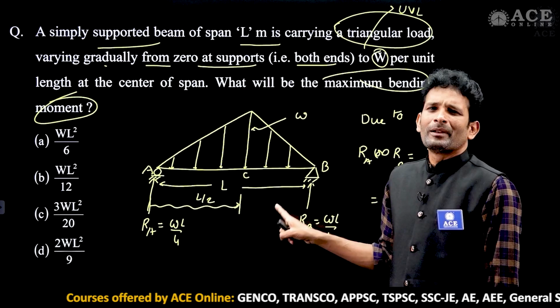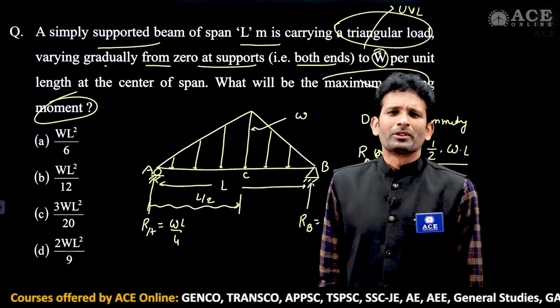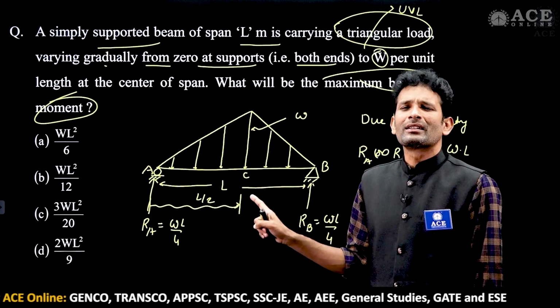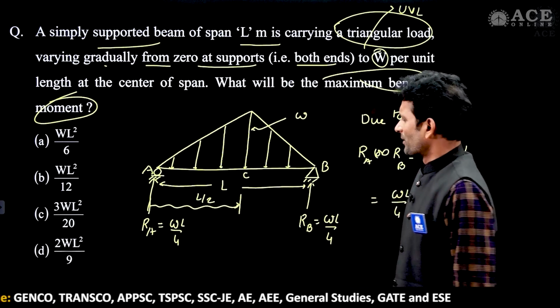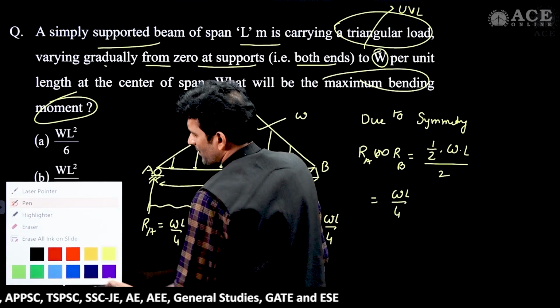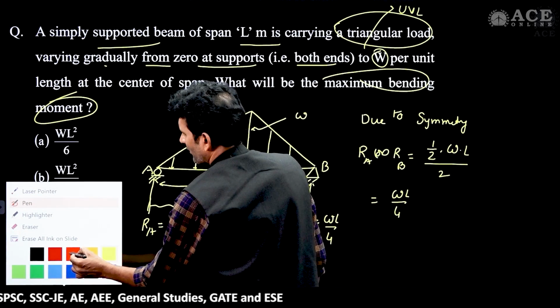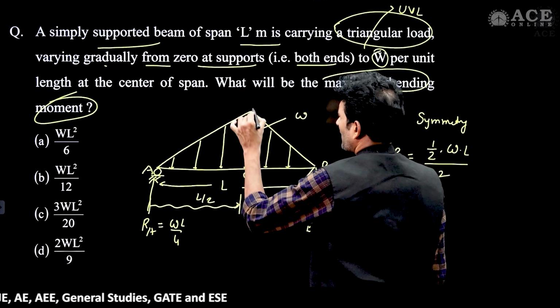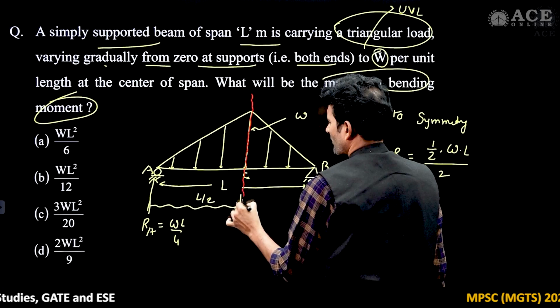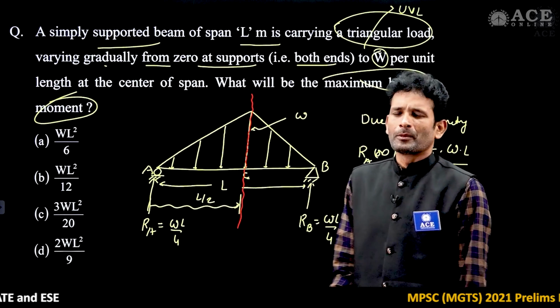When the load is symmetrically applied on a simply supported beam, the maximum bending moment occurs at the midspan of the beam. That means here at point C we have the maximum bending moment. At this point we observe the maximum bending moment.